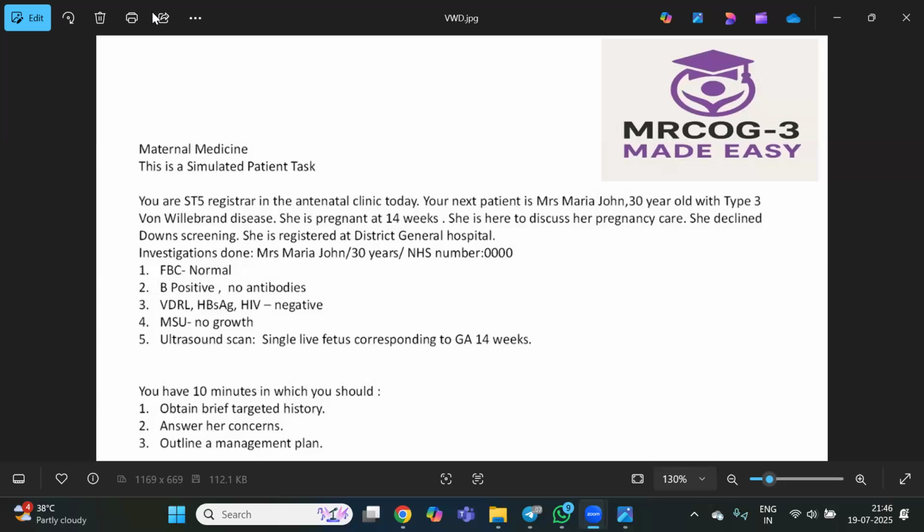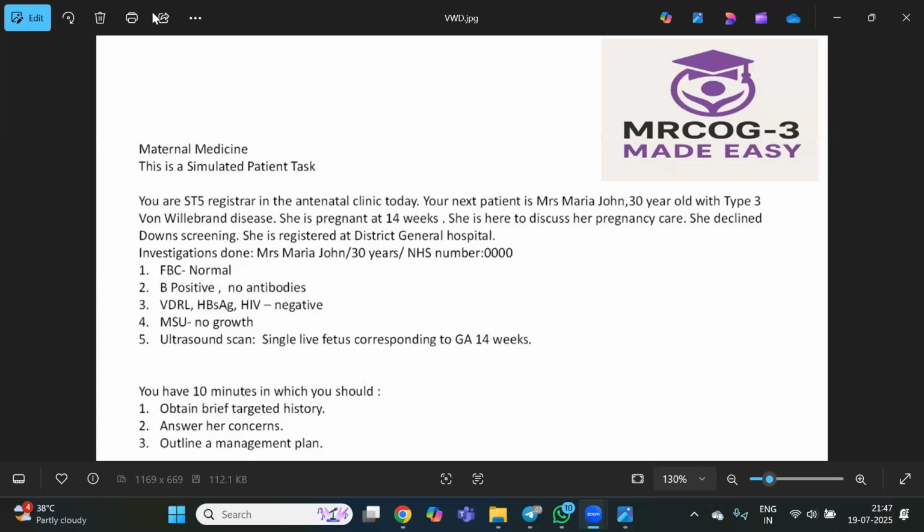Coming to the social history, you have to ask, do you smoke or take alcohol? Or pardon me for asking, do you take any drugs? And then she will say yes or no. If she says yes, smoking and alcohol, drugs, then you have to address that. If she smokes, ask the quantity; alcohol or drugs, also the quantity.